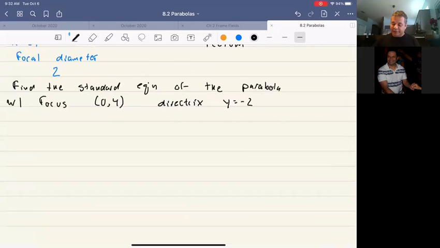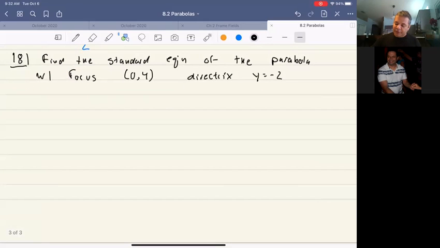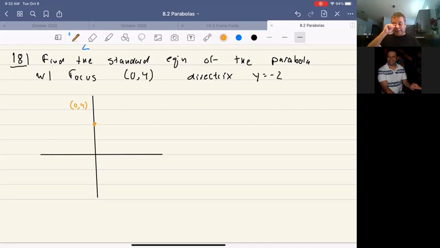We're going to draw it, and then we'll see what our equation is. First, as usual, draw my coordinate axes. I'm going to put down my focus, which is (0, 4). My directrix is y equals -2.